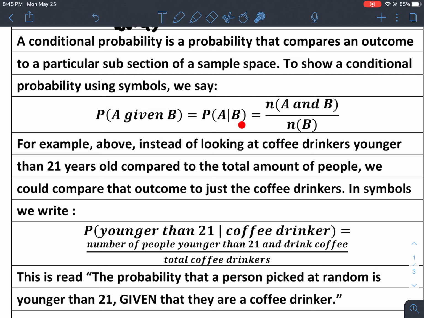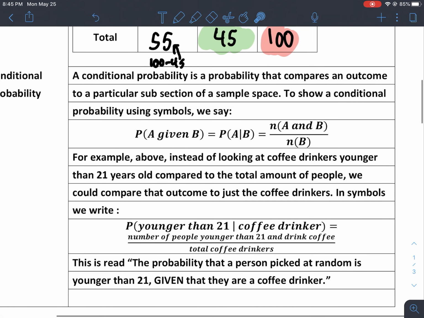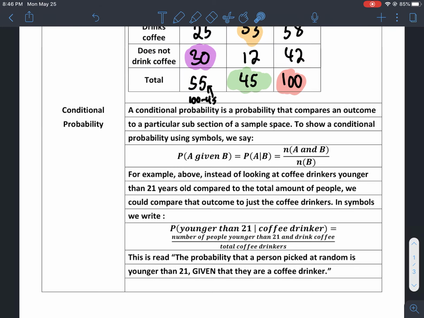This line means given B, and is equal to the number of outcomes that are A and B divided by the number of outcomes that are B. So this is all formal mathy stuff. Let's look at it in our example because that might clarify it a little bit.